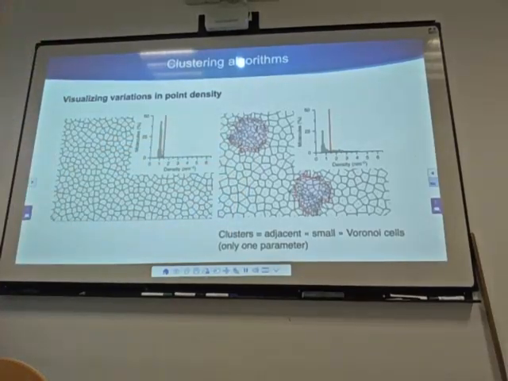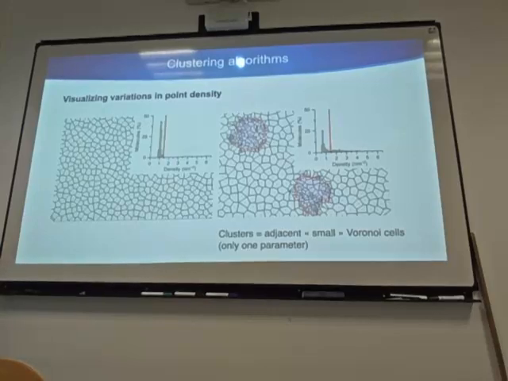And then you can identify clusters as adjacent small Voronoi cells. So here there is only one parameter. You have to define what is a small Voronoi cell, and you can also define some clusters with this method.